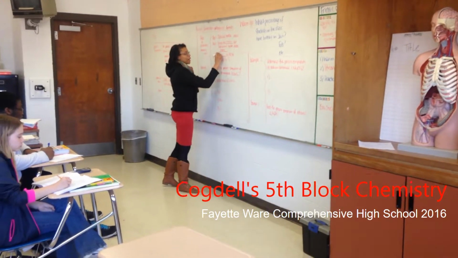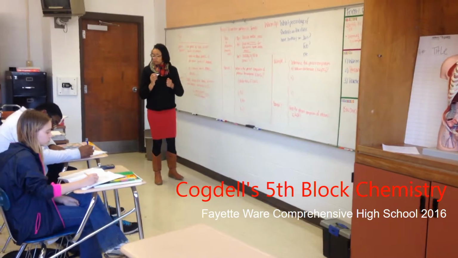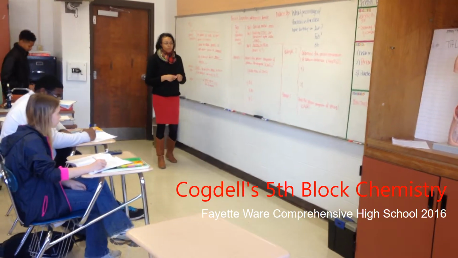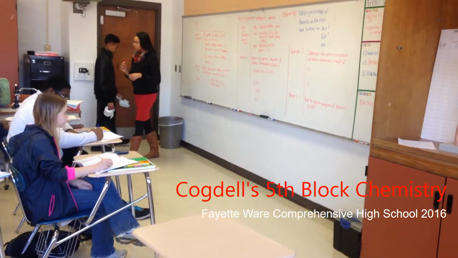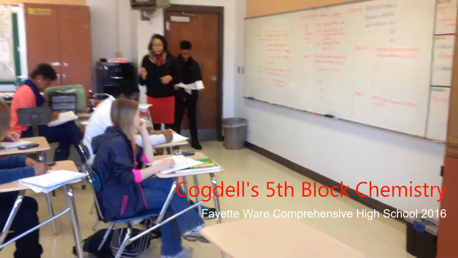And then you multiply by 100 in order to convert it to percent. So we'll do the first example together, and then I have a couple of them for you to try.